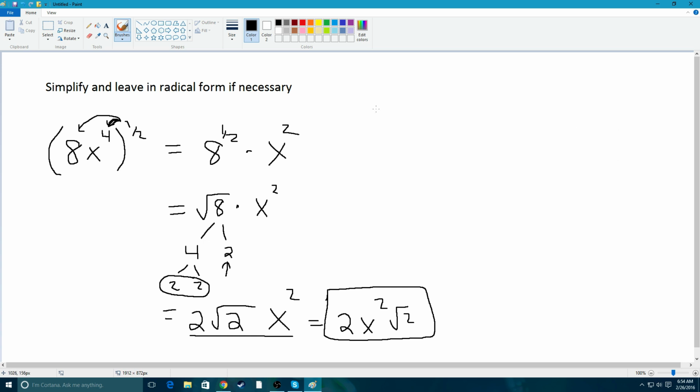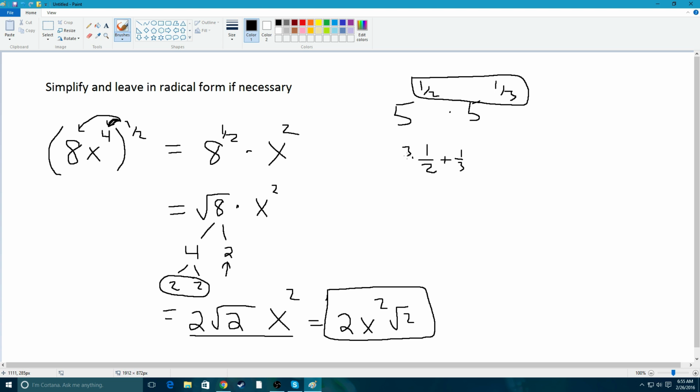Another one would be, let's use 5 to the 1/2 times 5 to the 1/3 power. The bases are the same, so that means we have to add these exponents. So this becomes 1/2 plus 1/3.